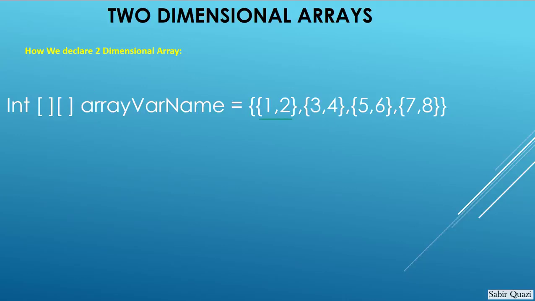The element of a two-dimensional array is also a single-dimensional array. Here we see a curly brace, and inside it 1, 2, then the next curly brace with 3, 4, then 5, 6, 7, 8 similarly.